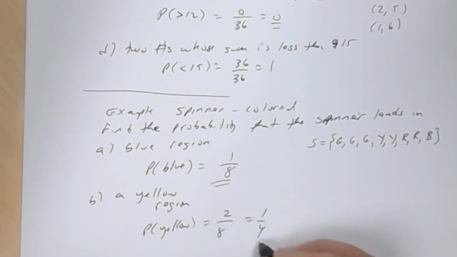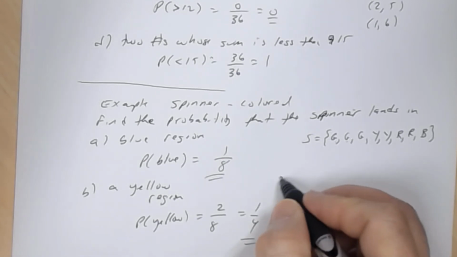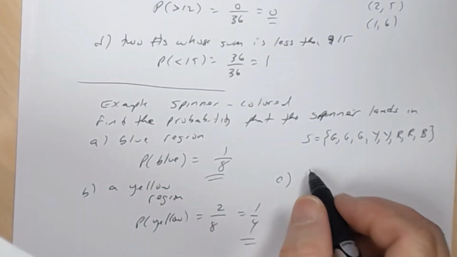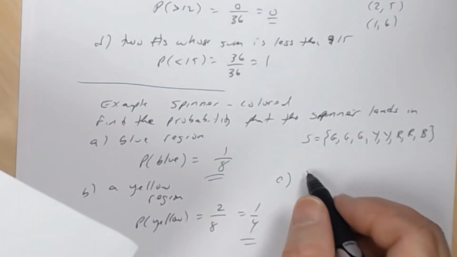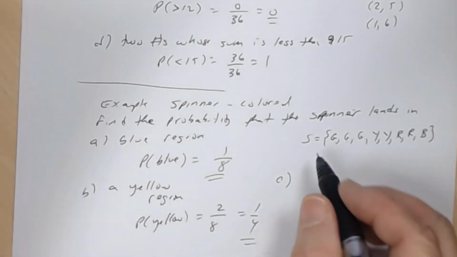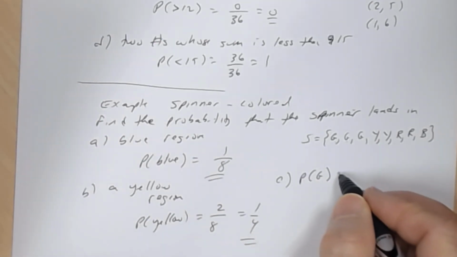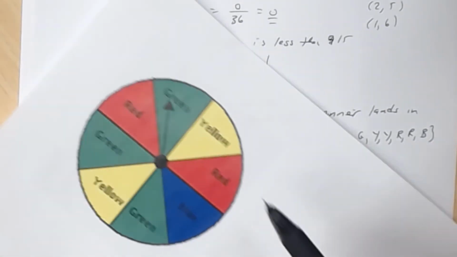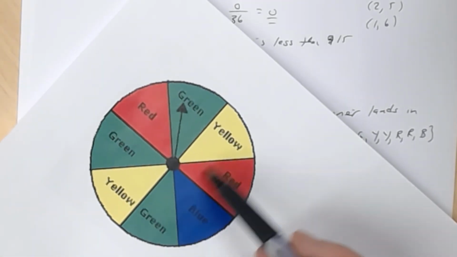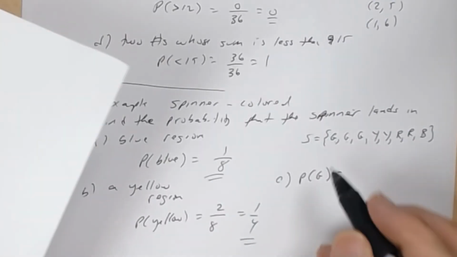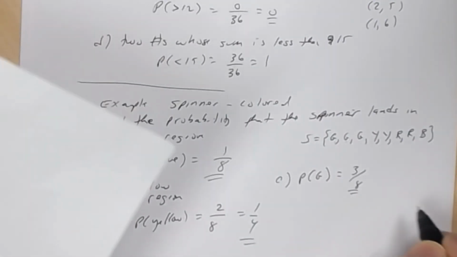That's 1/4. C, what's the probability of getting a green region? How many greens do you see? 3. How many are there altogether? 8. So 3/8.